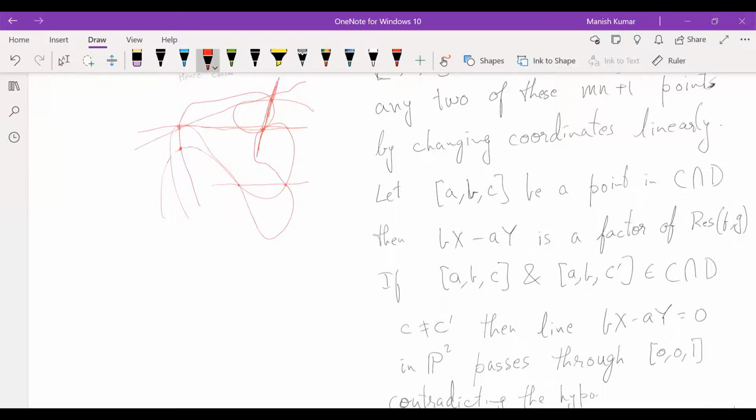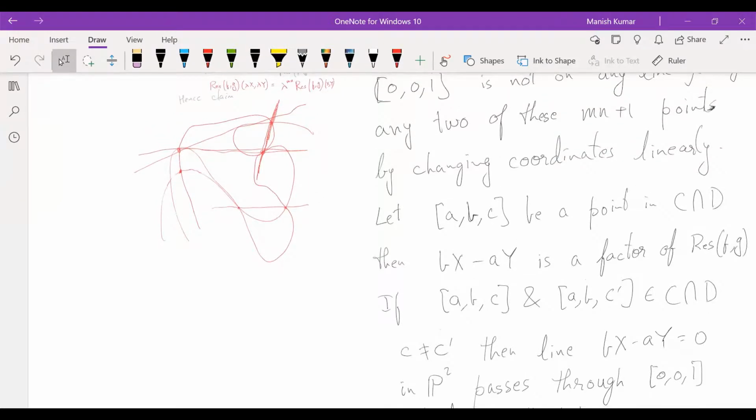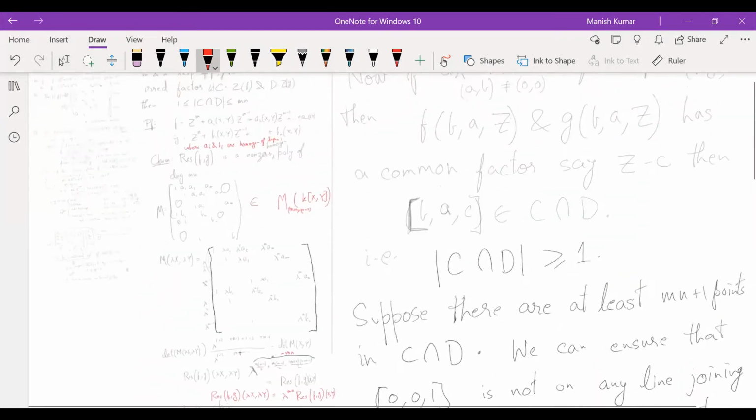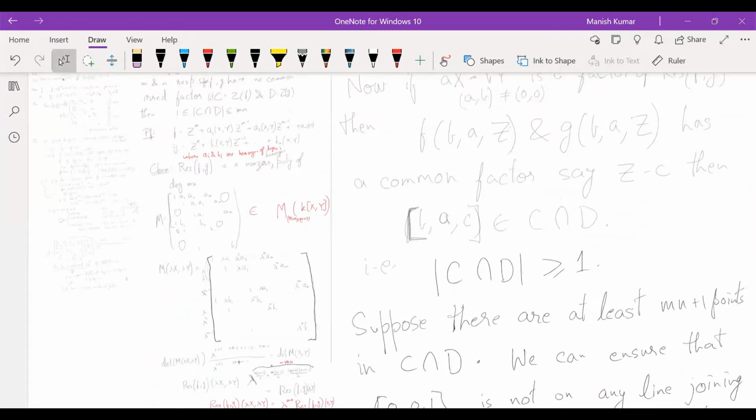Because if you plug in x equals A and y equals B, then in this new equation we see that it has a common 0.